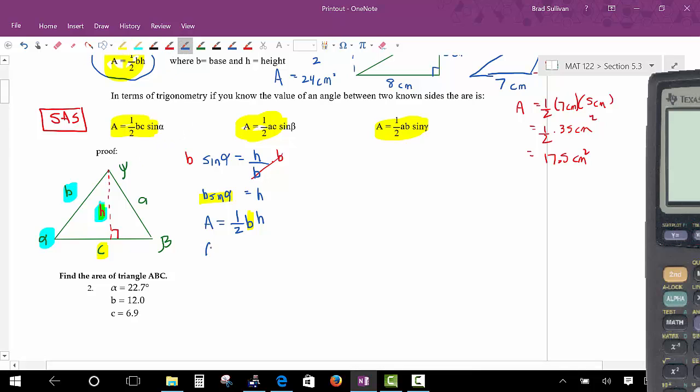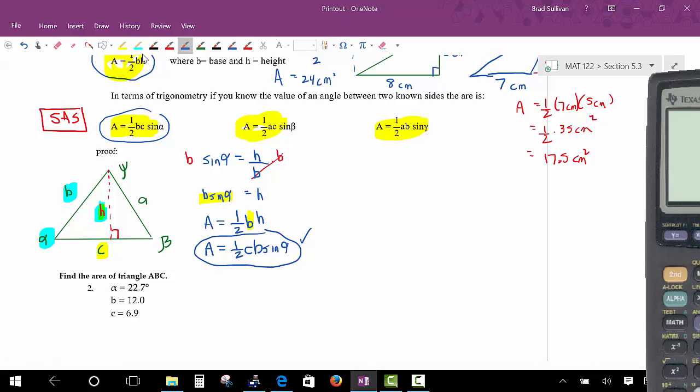So you'd end up with 1/2 the base, which is c, times the height, which is b sine alpha, and that shows you a derivation of that formula. Notice in this problem, I need to know alpha, because that's in the formula, and I need to know b and c. So that is the side angle side case.